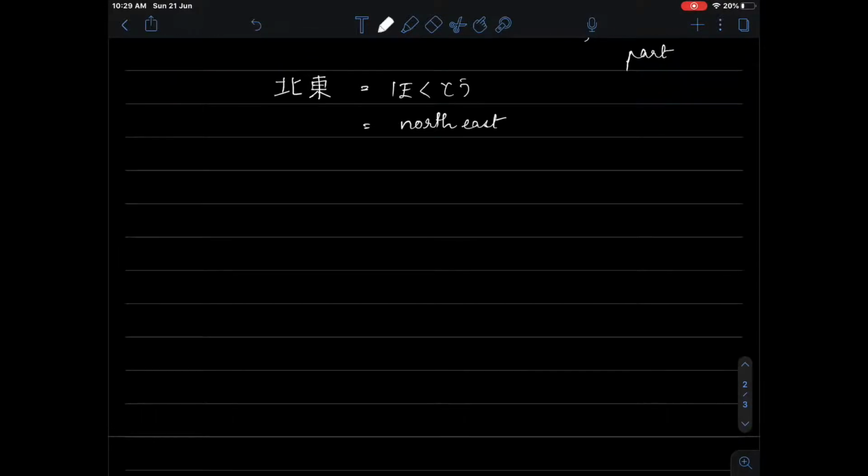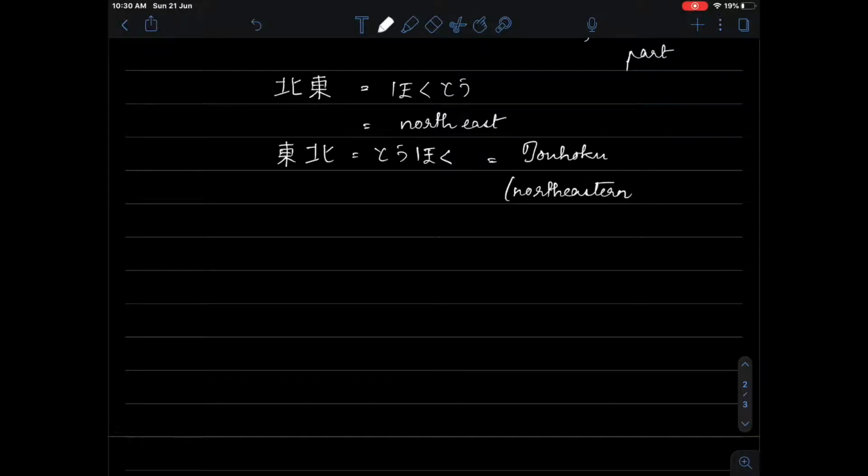Now similarly, if you just rearrange this, it will be Tohoku. Just the reverse of what we just did for the previous word, Tohoku.